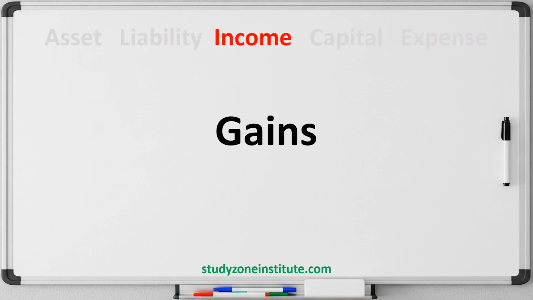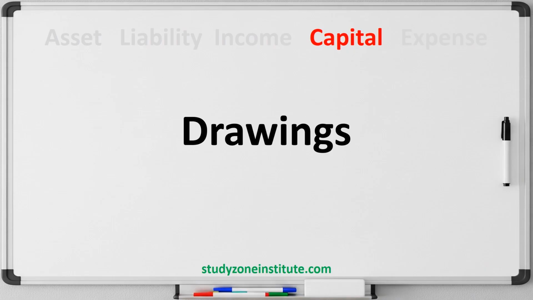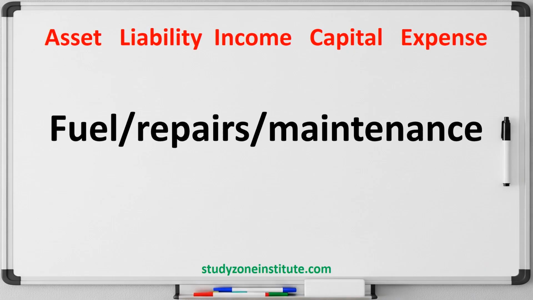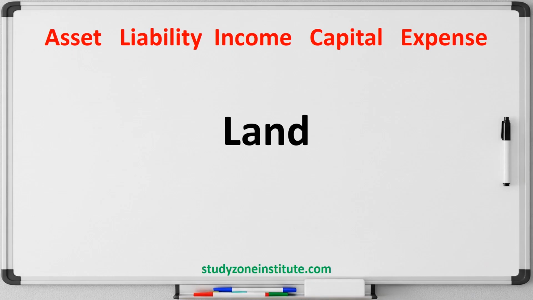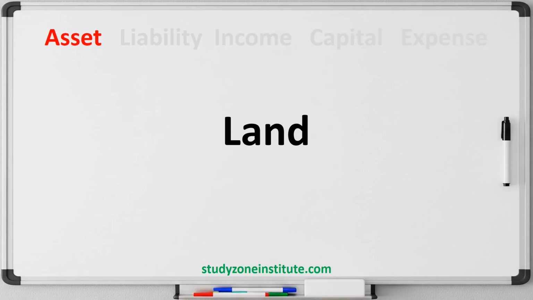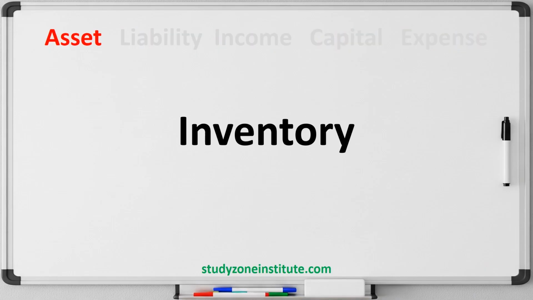Income. Drawings. Capital. Fuel, repairs, maintenance. Expense. Land. Asset. Inventory. Asset. Bad debts.